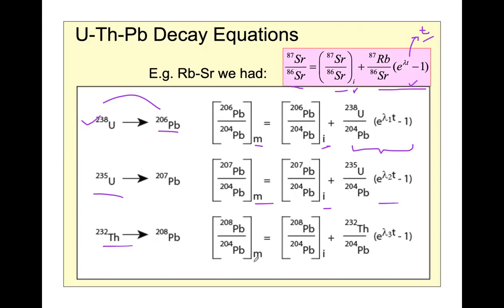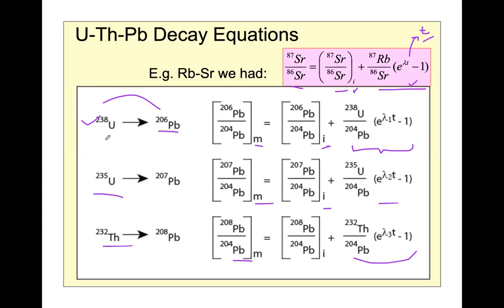Therefore, the measured lead isotope composition equals the initial 208 lead isotope composition plus the radiogenic decay product. Lambda 1, lambda 2, and lambda 3 are the corresponding decay constants for these three systems. I think it's not very difficult to understand, right? It is the same equation, only the difference is you are applying the lead isotopes here.